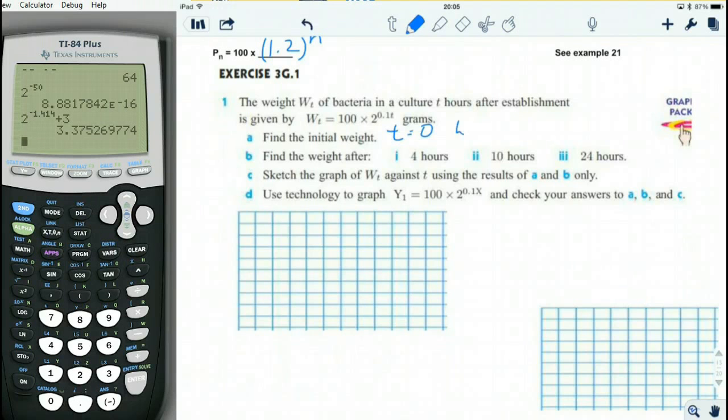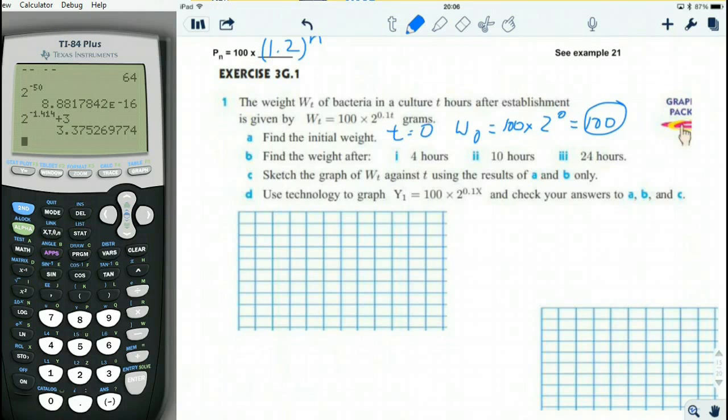So it would be 100 times 2 to the 0.1 T, which is 0. Okay? So we could put 0 here. And 2 to the 0 is just 1, so the initial weight is 100. Okay? Find the weight after 4 hours, 10 hours, and 24 hours.